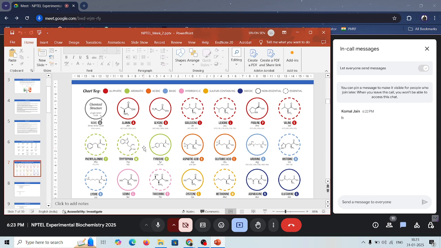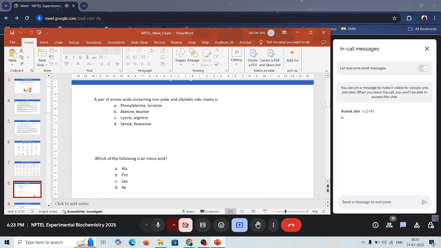If you're not aware of the structures, just have a glance at this once and probably you would be able to answer it. The question is aliphatic and non-polar. So what is given over here? Phenylalanine and tyrosine, alanine and leucine, lysine and arginine, that is there.